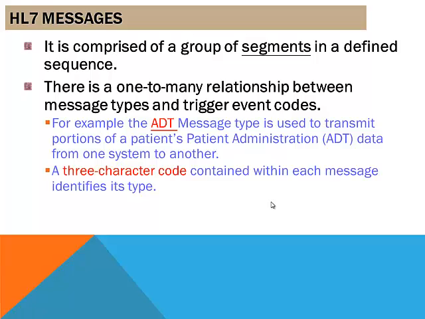So, we know that a message is composed of a group of segments. In this segment, we have the message type and trigger event. For each message, we have a 3 character code in the message to identify the type.